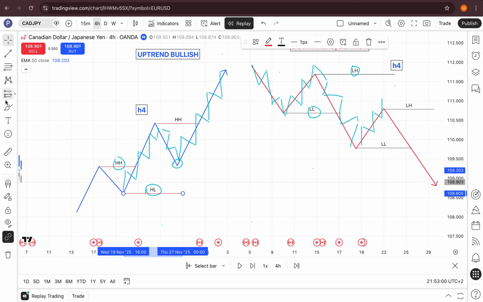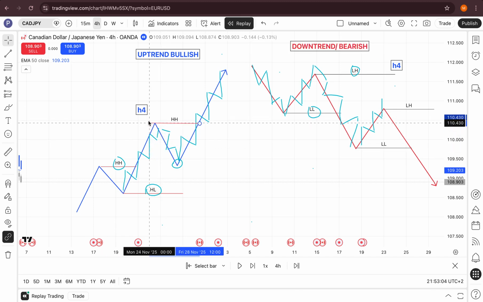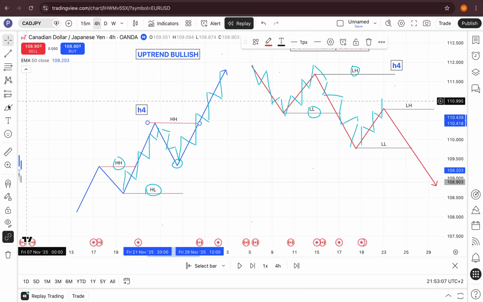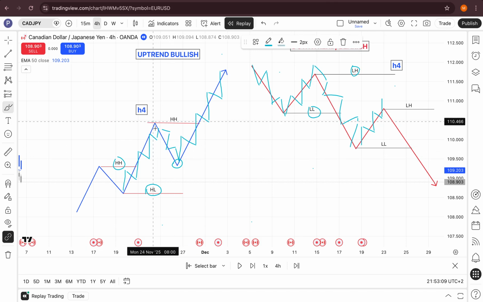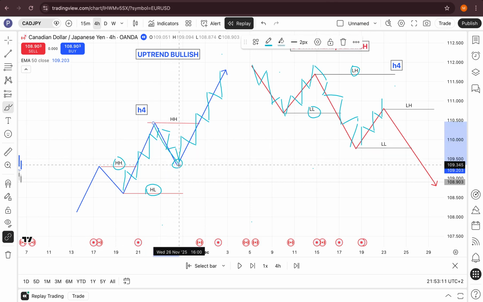So one run from the H4 like here, we only have one run. But look, these green lines which I put represent the market from the lower time frame, the M15, right? So one run from the higher time frame is another trend from the lower time frame.